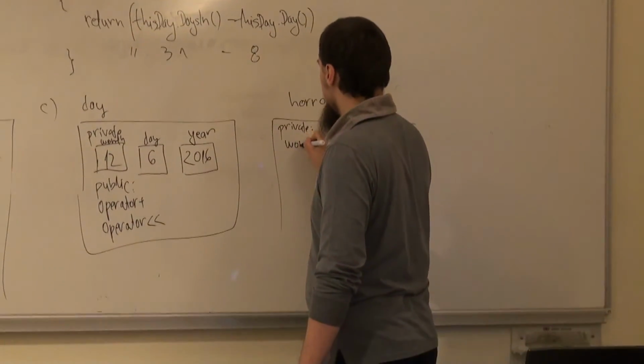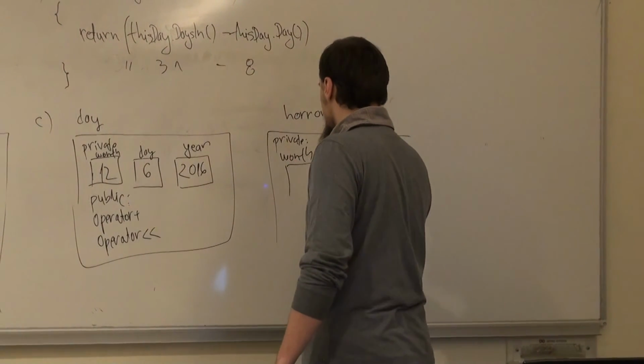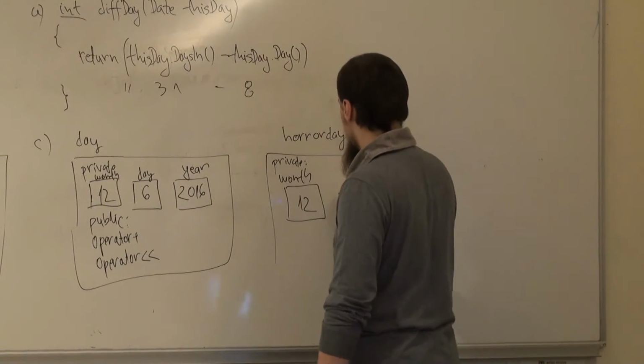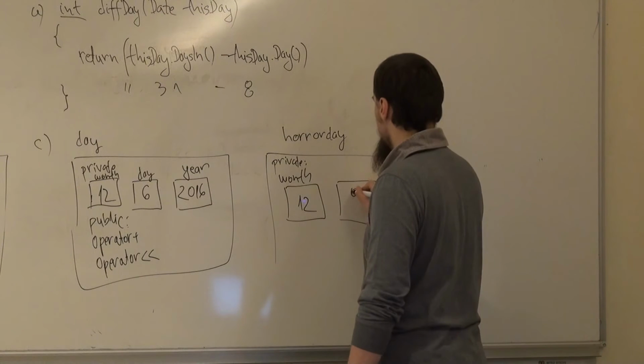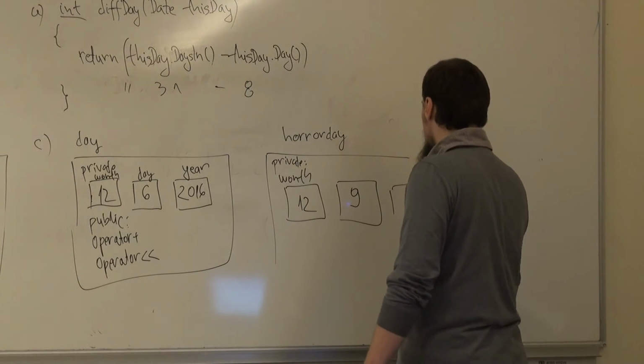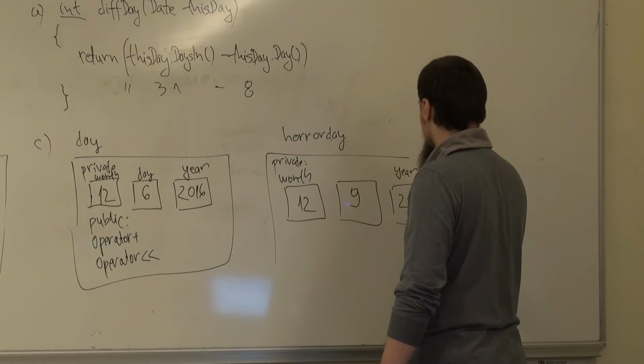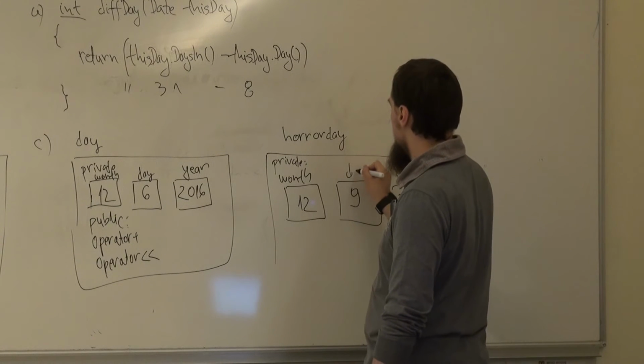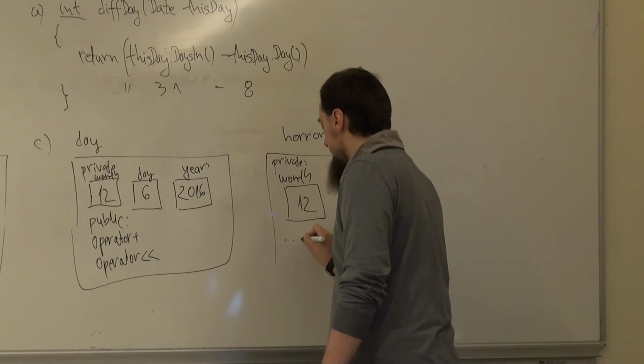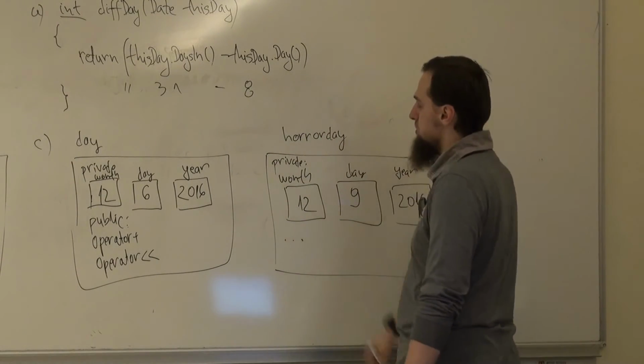The month of this guy is going to be the same, again 12. We have 3 more days, so it's going to be 9 here. And we have a year, which is 2016. So day is 9. Of course, we have the public parameters, and I'm not going to write them again.